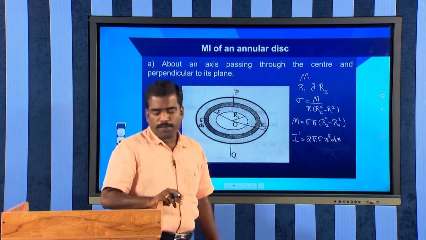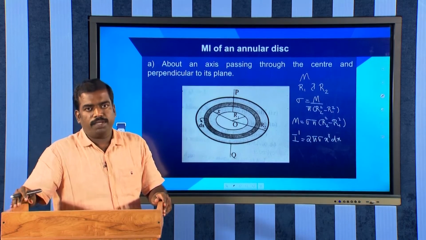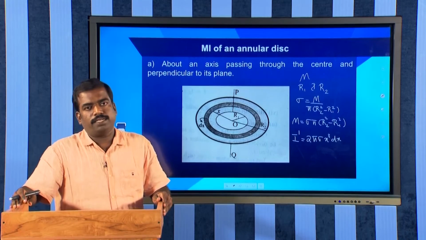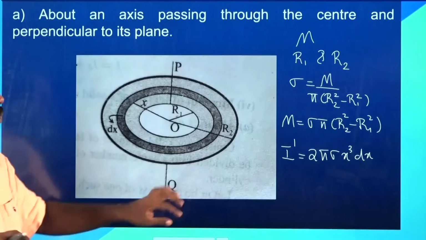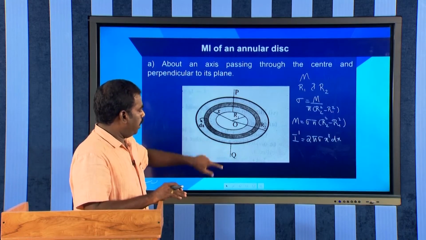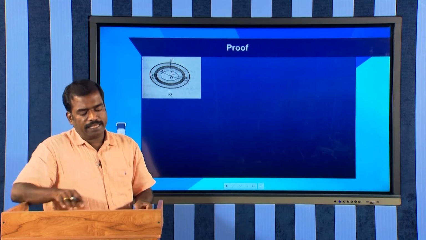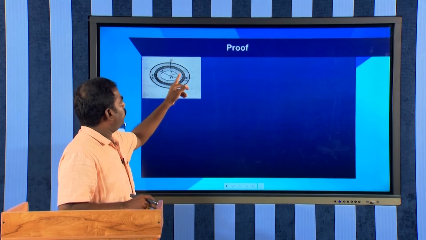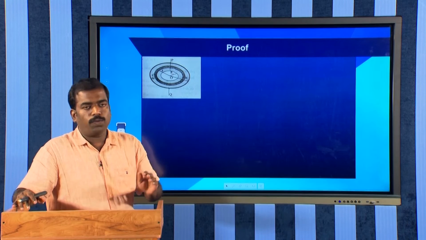So, the next step is different. In the case of the circular disk, we integrated this expression from 0 to r. Here, if you want to obtain the moment of inertia of this annular disk about the axis PQ, you have to integrate the expression from R1 to R2. That is the only difference.